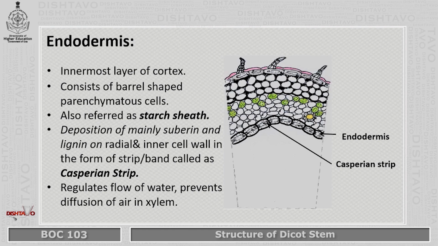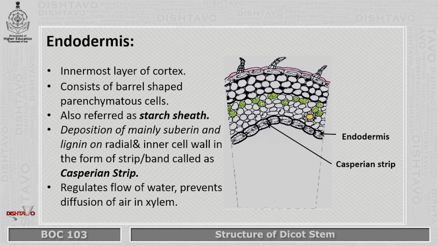The innermost layer of cortex is endodermis. It consists of barrel-shaped parenchymatous cells. These cells are rich in starch. That's the reason sometimes we refer to endodermis as starch sheath. Now on endodermal cells, in their cell wall, we see deposition of a band made up of mainly suberin and sometimes even lignin is present.